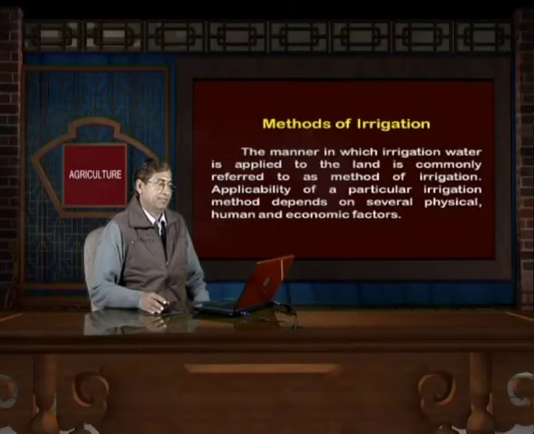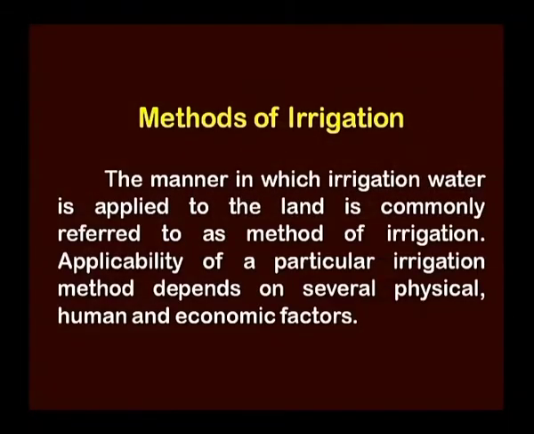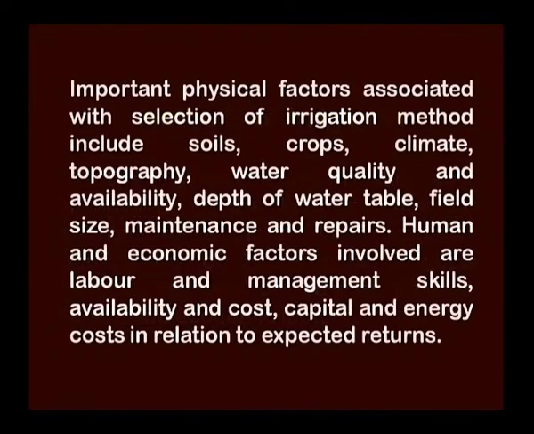Methods of irrigation. The manner in which irrigation water is applied to the land is commonly referred to as the method of irrigation. Applicability of a particular irrigation method depends on several physical, human and economic factors.